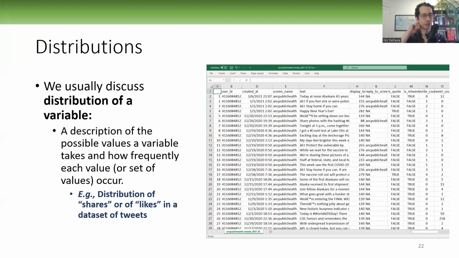So we usually discuss the distribution of a variable, and the distribution of a variable is a description of the possible values a variable takes and how frequently each value or set of values occurs. So something like the distribution of shares of the tweets that we have exemplified here, or of the likes, and so on. It's focused on a particular variable.